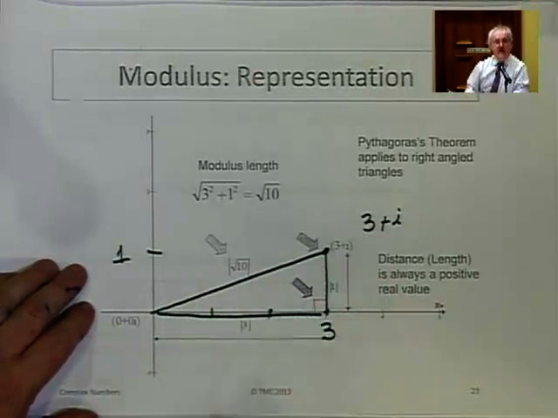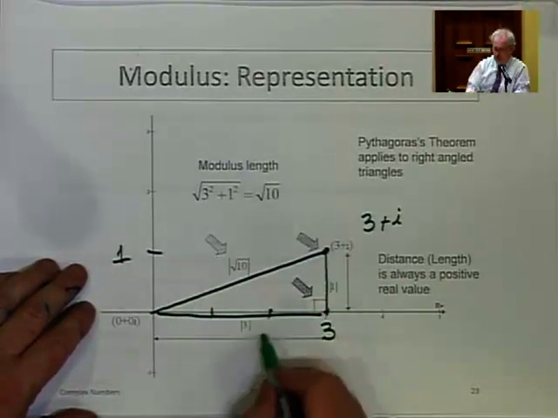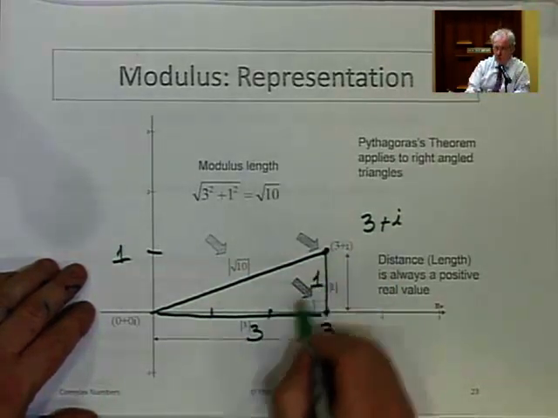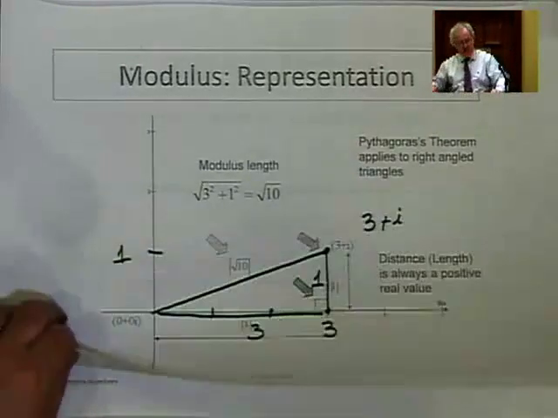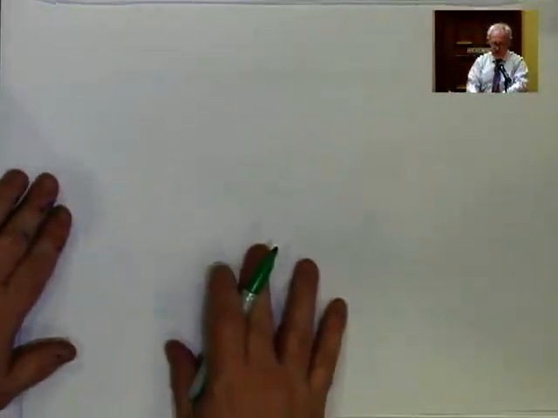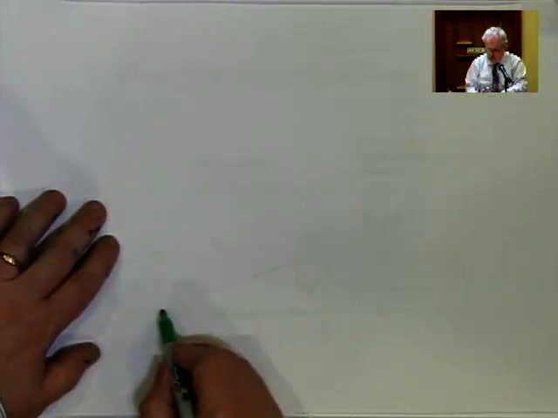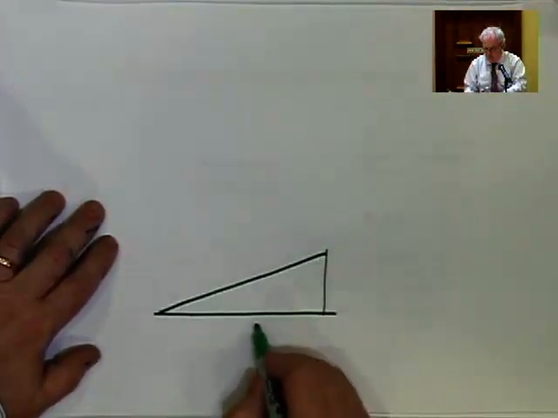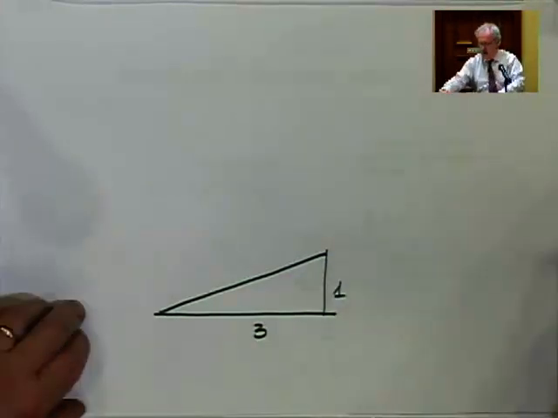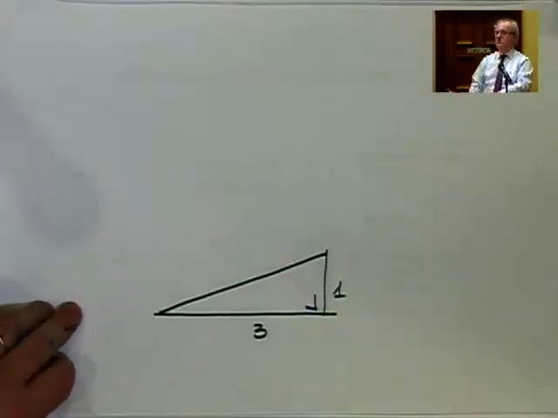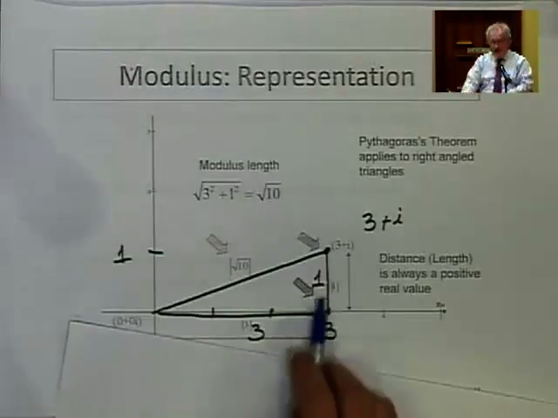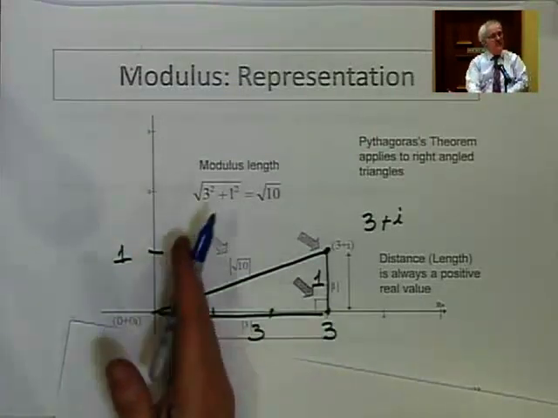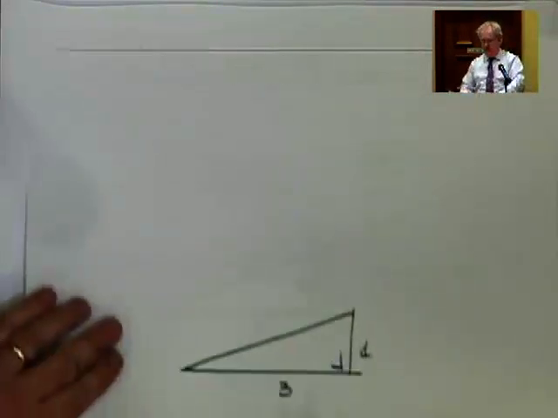Well, it's Pythagoras again. 3 out, 1 up. Standard triangle. Is this a right angle triangle? It is, because it's perfectly perpendicular. The imaginaries can't make up for the other.